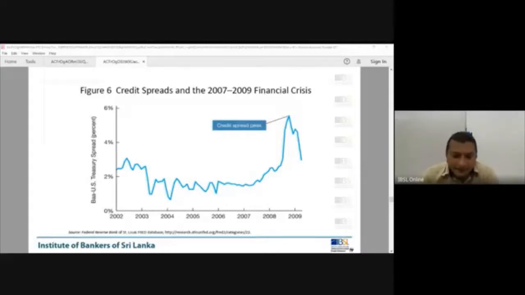But the difference is it's health related now, but 2008-9 was mainly financial markets and economic related, right? Ultimately, health related has poured into the economic circumstances across all the countries in the world, where a global recession, global economic downturn is expected in 2020.